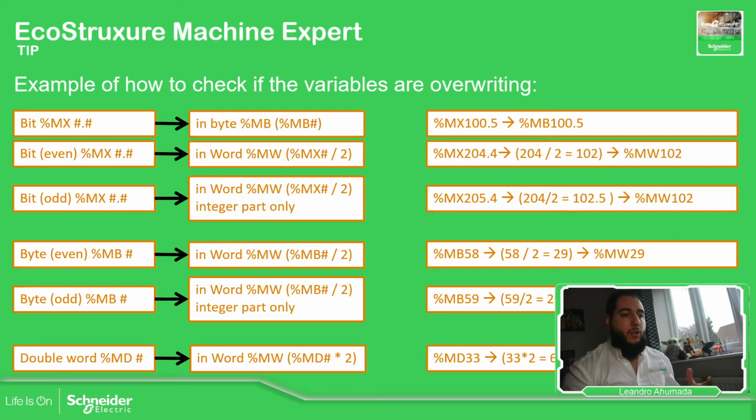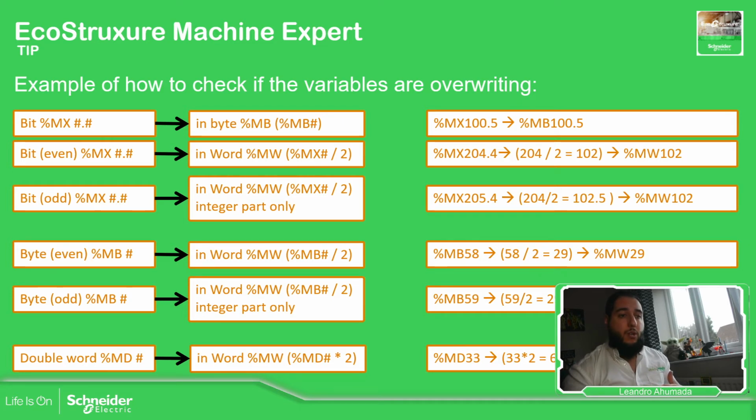What I usually do is to separate if I need. It's not mandatory to do this, because if you are working with our HMIs, you can use a symbol configuration to easily share the variables, and you don't need to worry about this. And if you need, for example, to share variables to a SCADA, you can use OPC UA for our controllers, and there is nothing else to do.